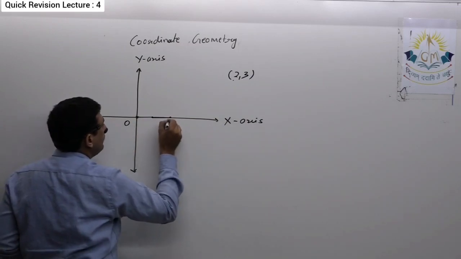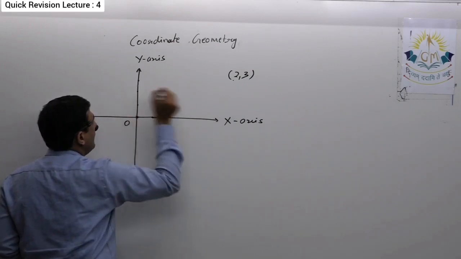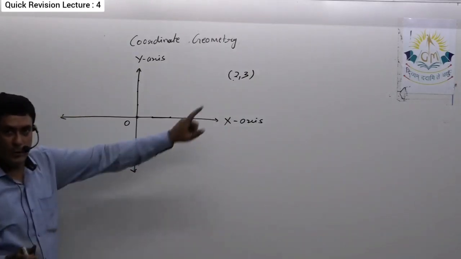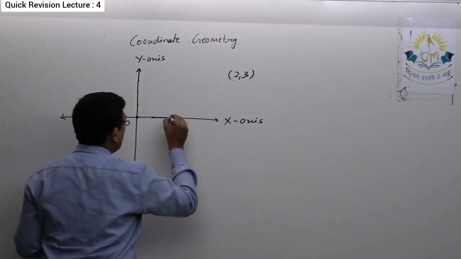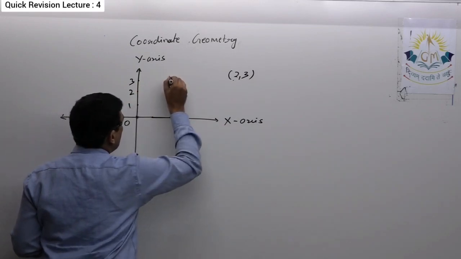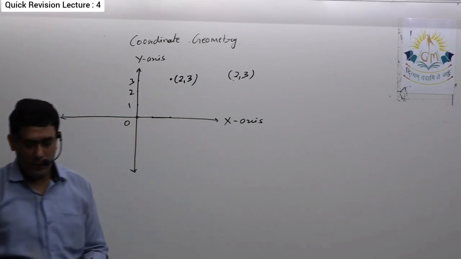Now to get the point 3, I have to move upwards because it is positive, 3 units. So here I am writing 3, 2 and 1. I will reach over here and hence I will say this point is the coordinate (2, 3).